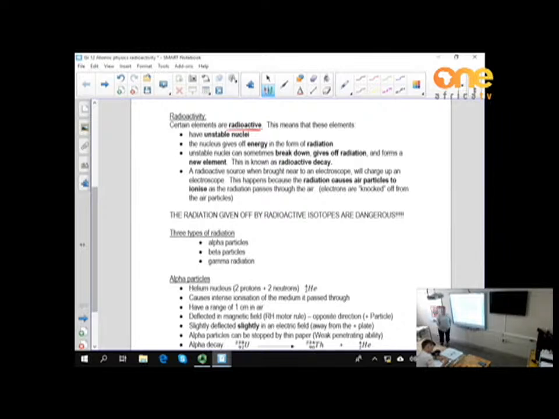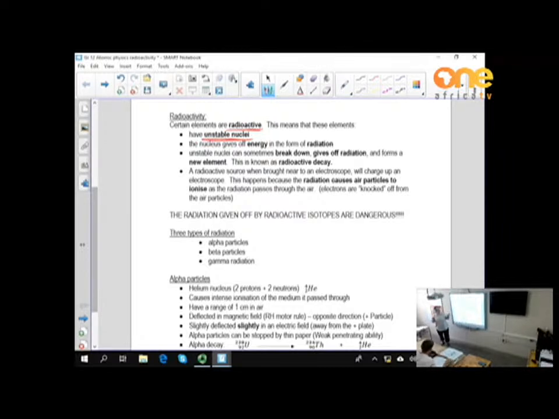What does this mean? Well, very simply, in the first place, it has an unstable nucleus. The idea of radioactivity is a form of energy that is being given off. If something gives off energy, it tries to go to a lower energy state, which would be more stable than a higher energy state. So it is an unstable nucleus.